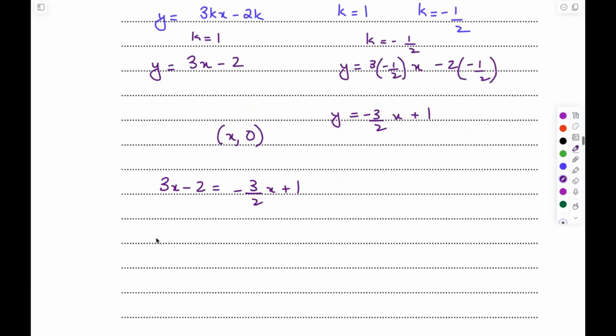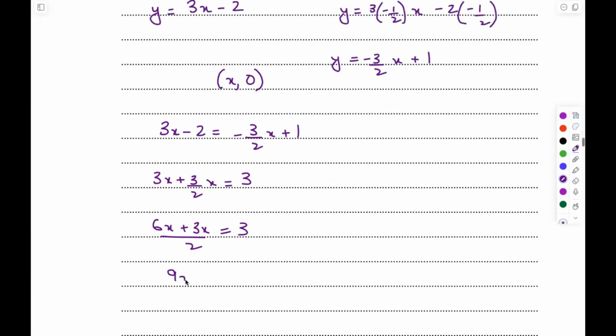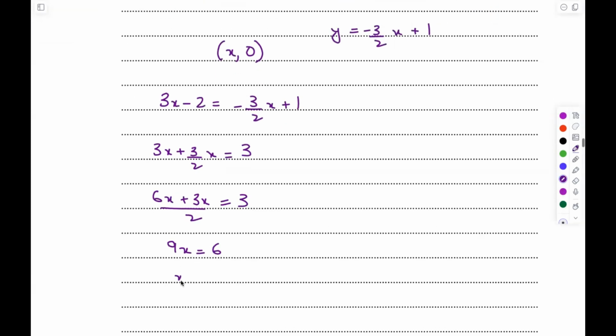Taking 3 upon 2 x on the left-hand side, we'll get 3x plus 3 upon 2 x equals 1 plus 2, which is equal to 3. Now taking the LCM, this will become 6x plus 3x upon 2 equals 3. Simplifying this, we'll get 9x equals 6 and x will be equal to 6 upon 9, which is equal to 2 upon 3.